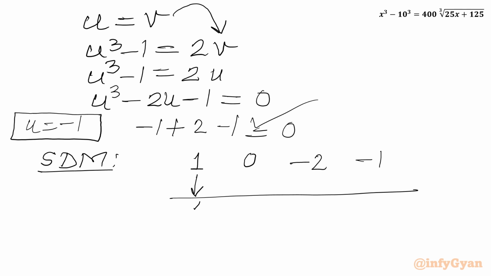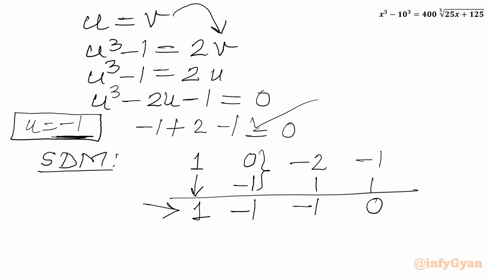Now the leading coefficient 1 will be as it is. Now we have to multiply our base solution minus 1 with this number. So minus 1 times 1 is minus 1. Addition will be negative 1. Minus 1 times minus 1 is plus 1. Addition will be minus 1. Minus 1 times minus 1 will be plus 1.